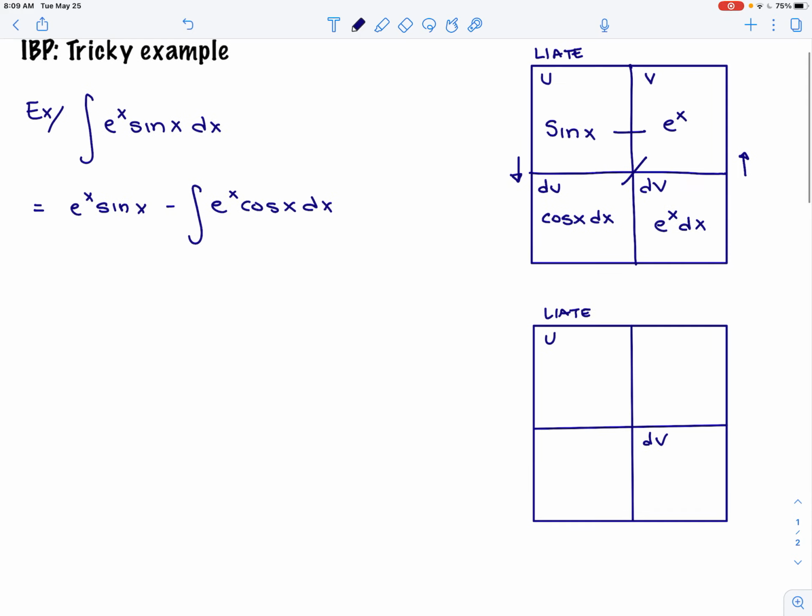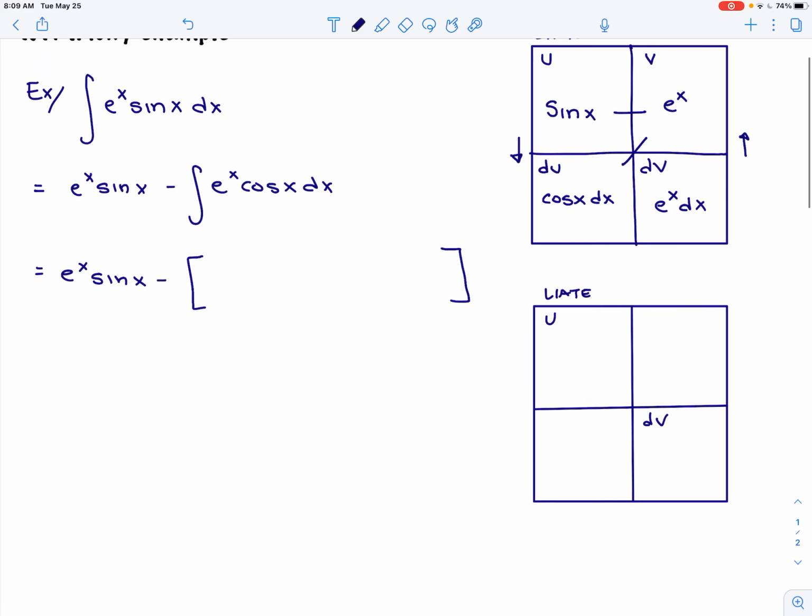Okay, and now I will need to do integration by parts again. Okay, and I'm just going to put this whole thing in brackets. And so I'm going to let the u be cos x, and then du is minus sine x dx.